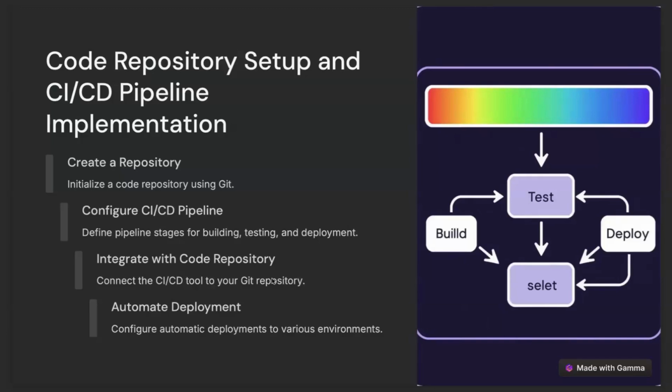And then you automate deployment, which you just saw. So the cycle goes: once the code is pushed, you test your code, you build it and you test, and if it passes, you deploy. That's pretty much what it is.